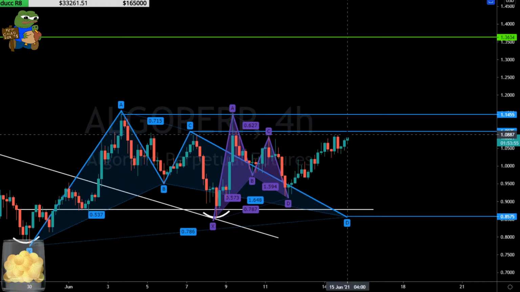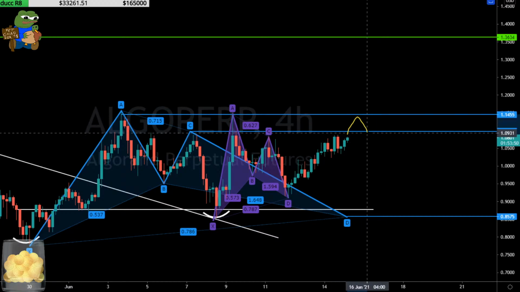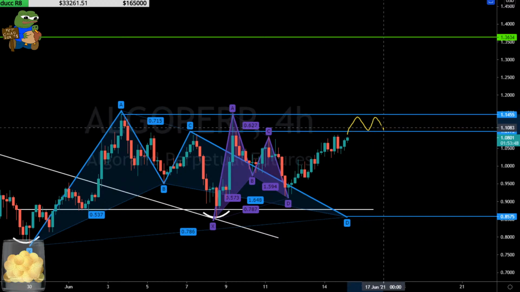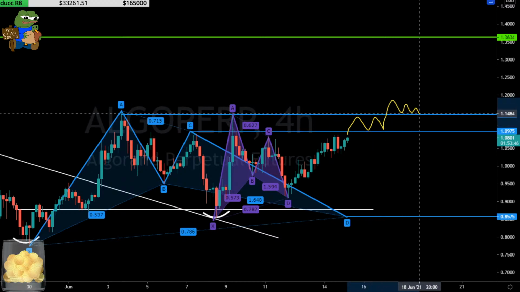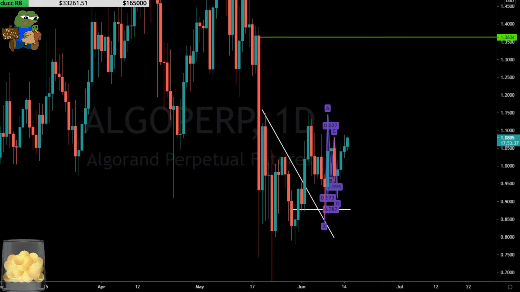I can't reiterate that enough times. Above 41, though, likely you would also be in here on Algo and potentially looking to sweep the highs. So watch for that on Algo. That concludes the crypto portion.